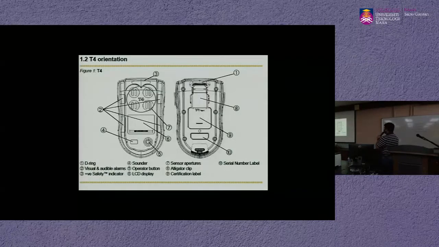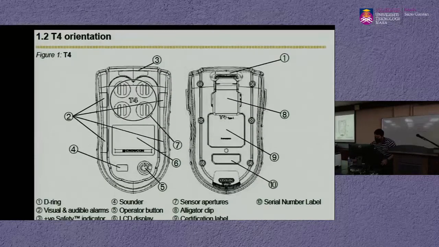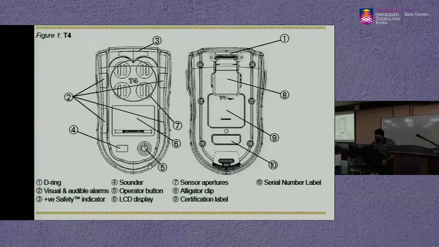Okay, so if we look at the physical orientation. From here we can see number 1 is our D ring, which is at the back of the unit. And number 2 is the visual and audible alarms. If we look at the front, there are 4 sections for the visual and audible alarms.